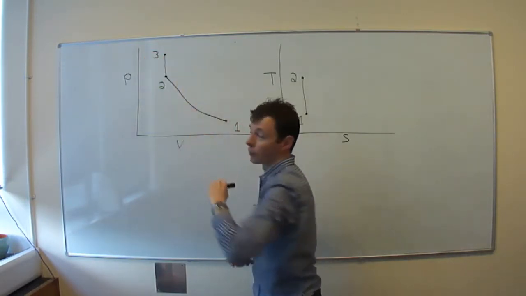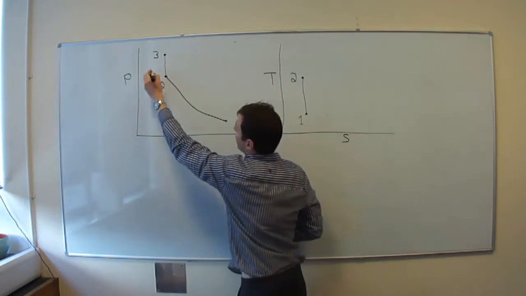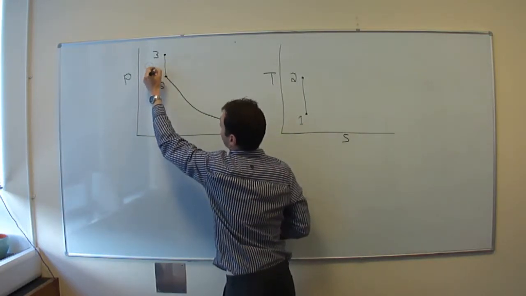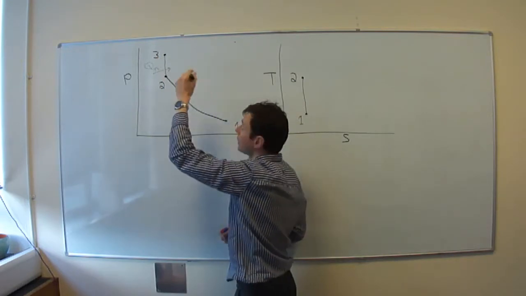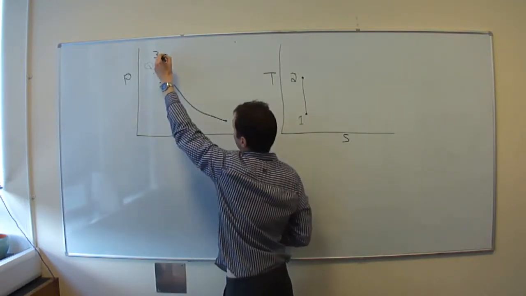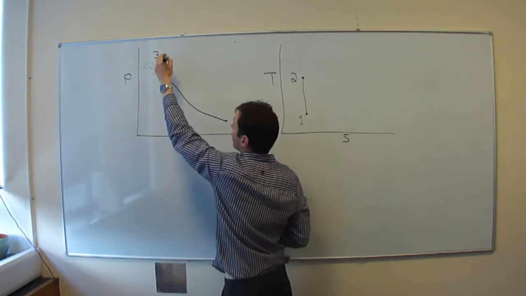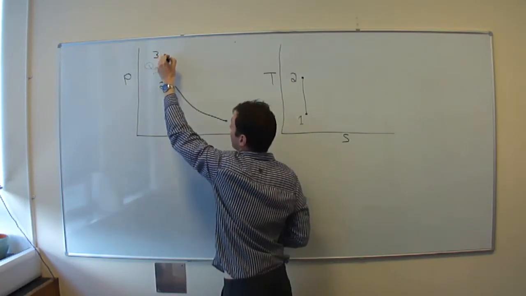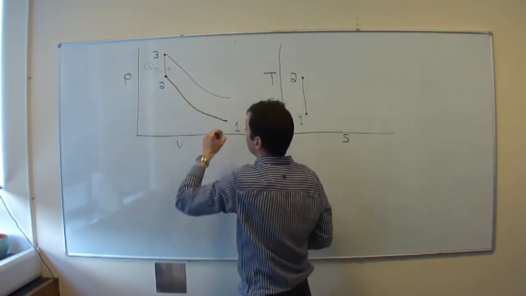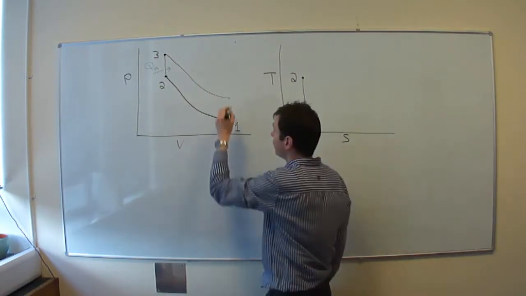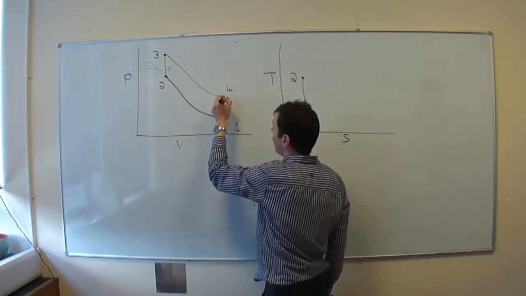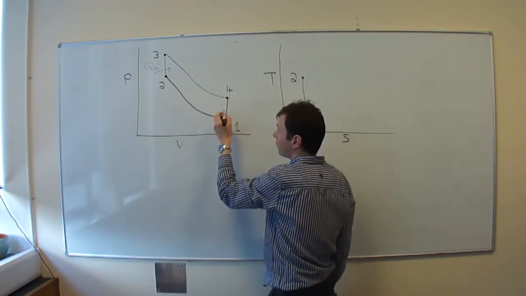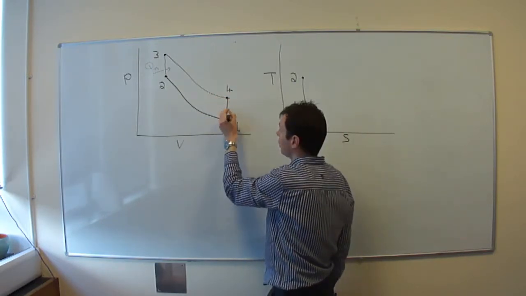Our isochoric heat addition, so Q in. Then an adiabatic work process now to get work out of the gas, to point 4. And then our heat rejection here.